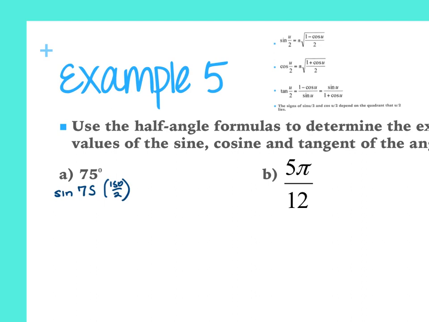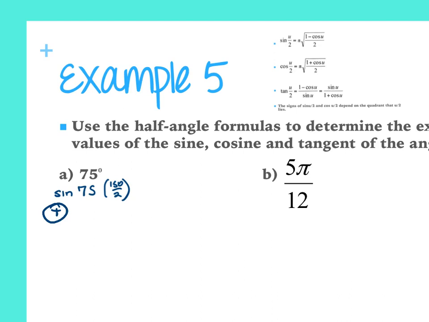But when I look at the answer, I have to go back to the original to find the plus or minus. So where is 75 located? 75 degrees. What quadrant? Quadrant 1, which means the sign there is going to be what? Positive. So my advice is pick it from the beginning and make sure you know it, so you don't forget, because a lot of times people forget to go back and check the plus or minus.